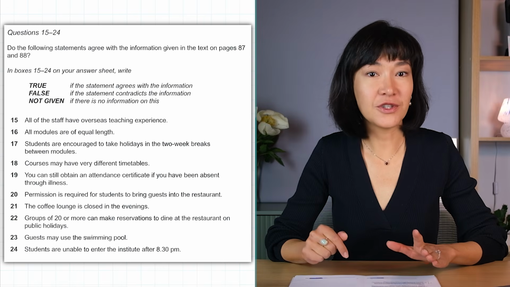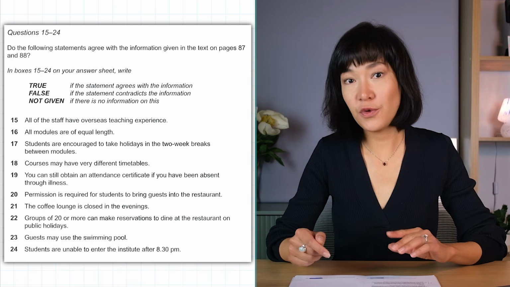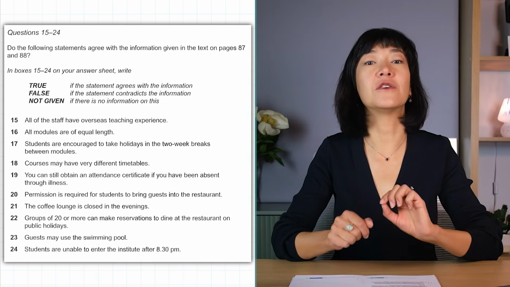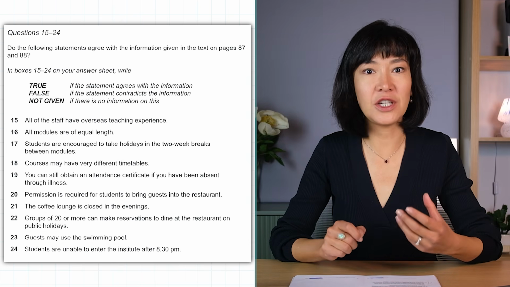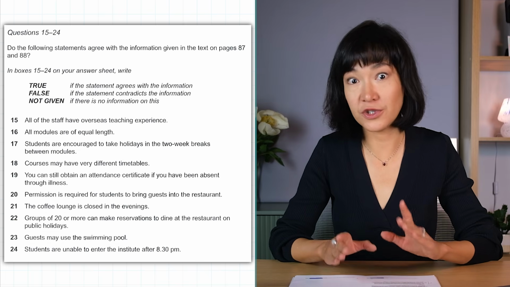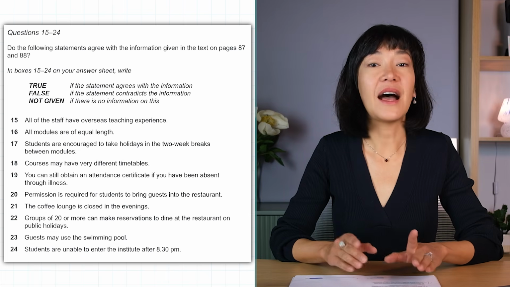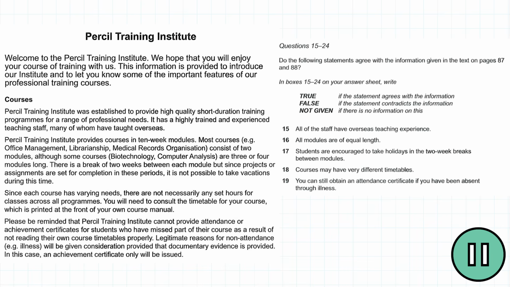And the true, false, not given set in section 2 is harder because basically you need to pay attention to small details. Now, I'd like you to try to answer questions 15 to 19 by yourself, and then we'll look at the answers together. Ready? Okay, let's have a look at the next question type.